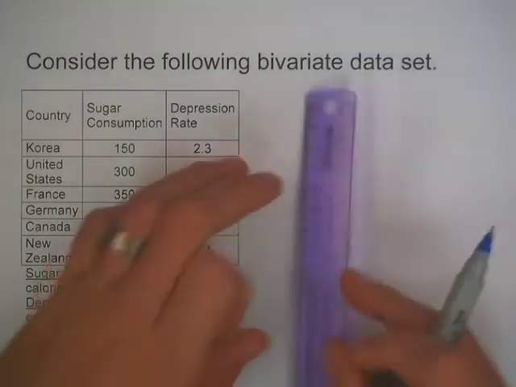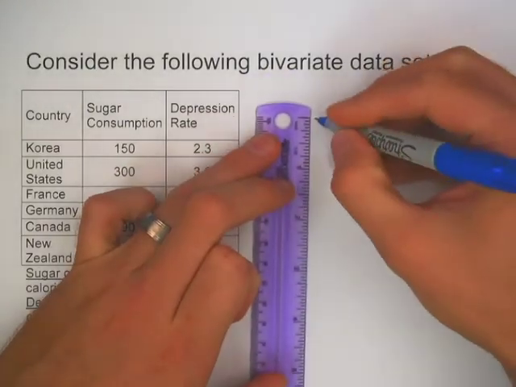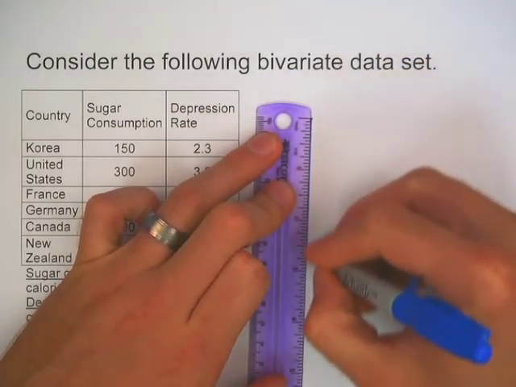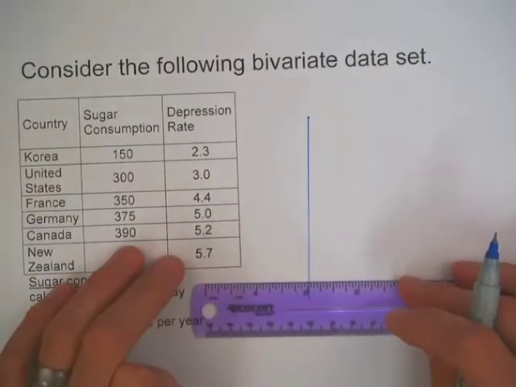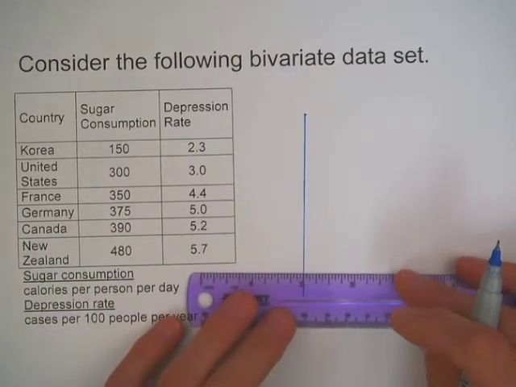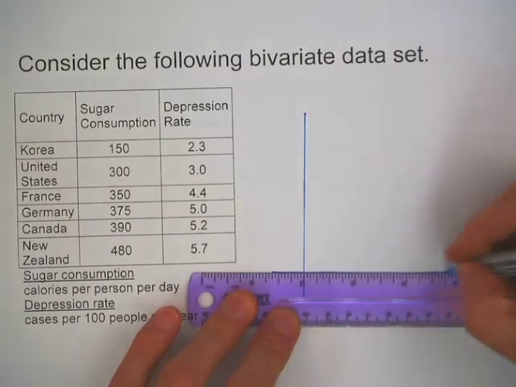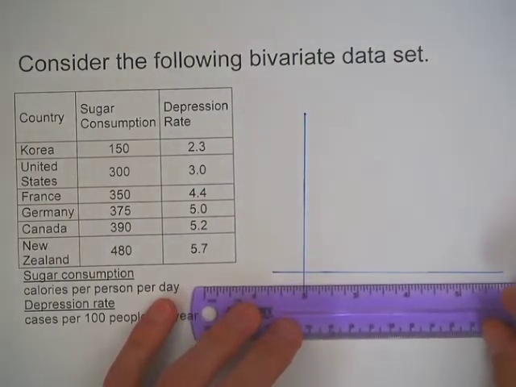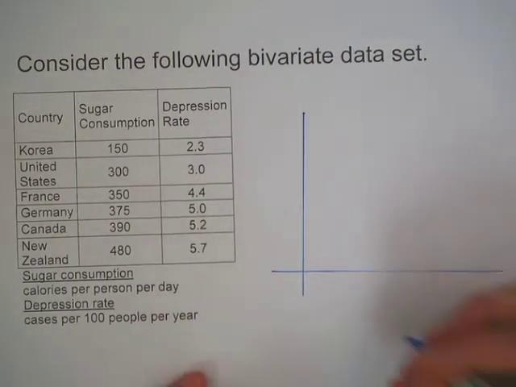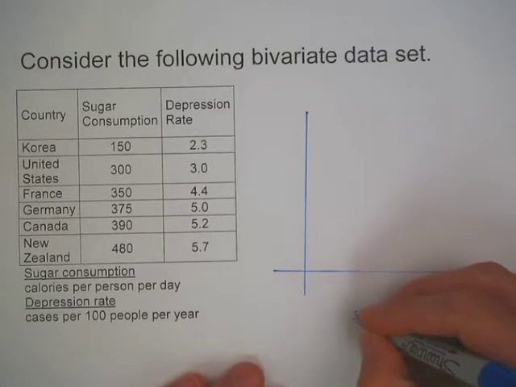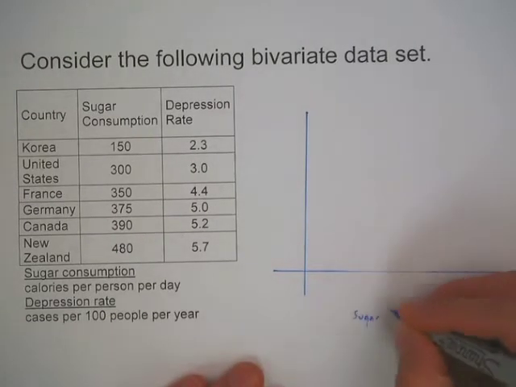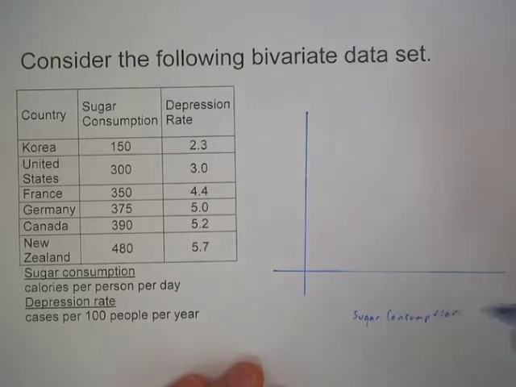So we need an x-axis and a y-axis. Because we don't have any negative values, my scatter plot only needs to include the first quadrant, which represents all positive values. On the x-axis, we're going to put our sugar consumption, and on the y-axis, we're going to put our depression rate.